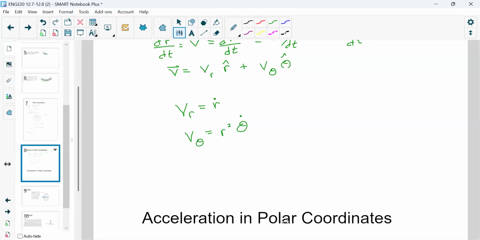All right, now let's back up just for a second and talk about what it means. R dot is positive, and that means it's the rate it's moving away from the origin.